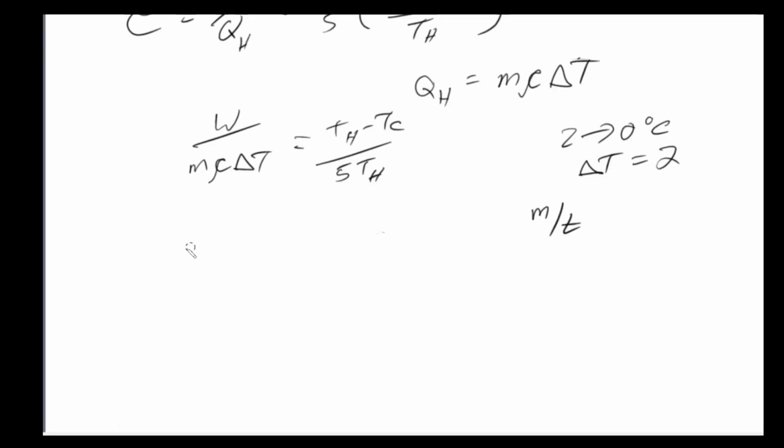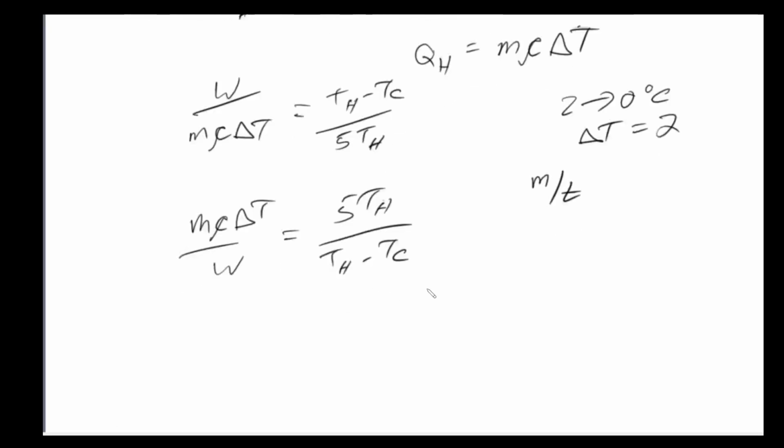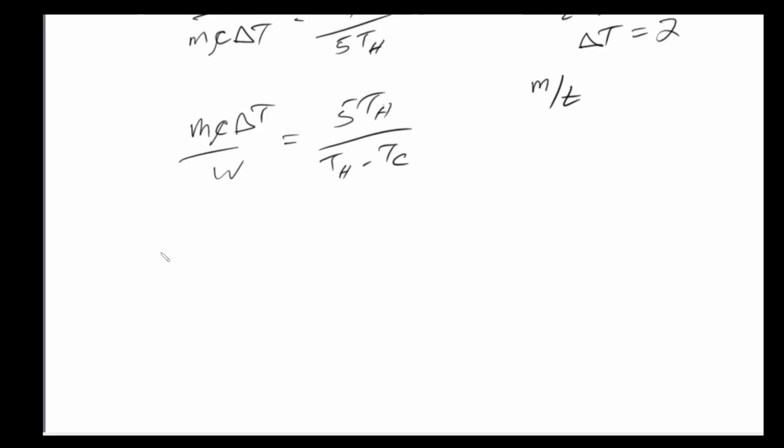And we get mc delta T over W is equal to 5th over th minus tc. And now let's solve for the mass. So the mass is equal to 5th over th minus tc times W over c delta T.